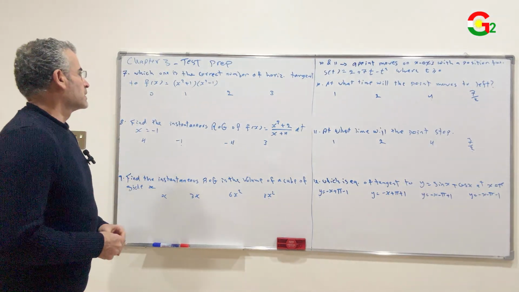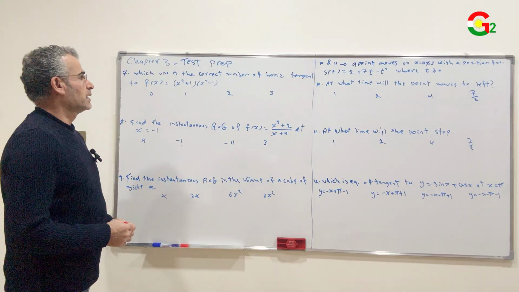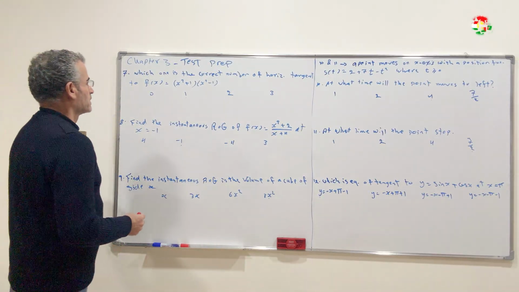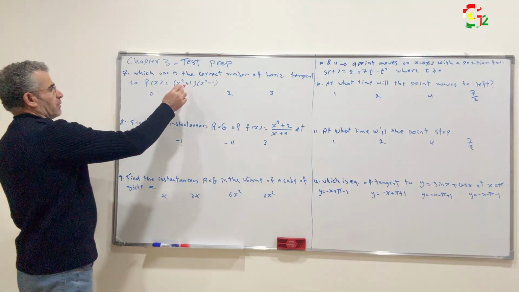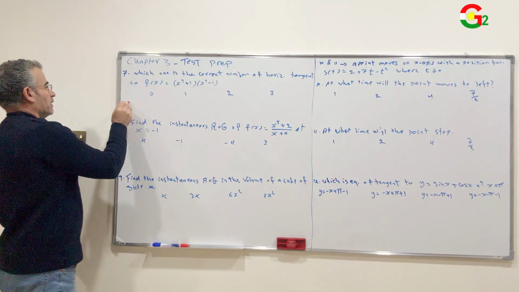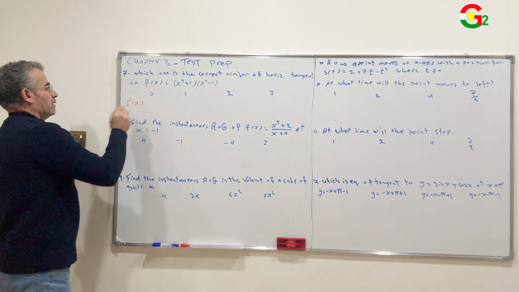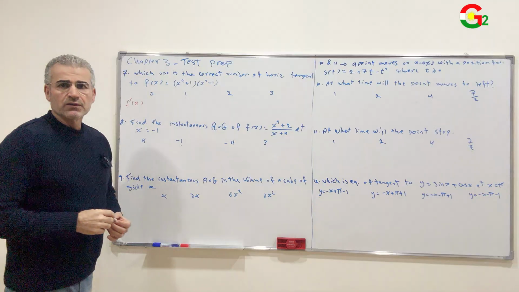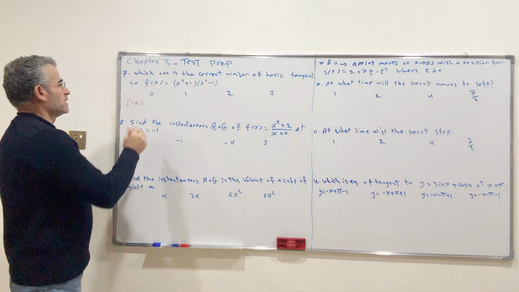Question number 7. Which one is the correct number of horizontal tangents to the function f of x equals x squared plus 1 times x squared minus 1? Find the derivative of this function, then find the number of values of x that make the derivative 0.